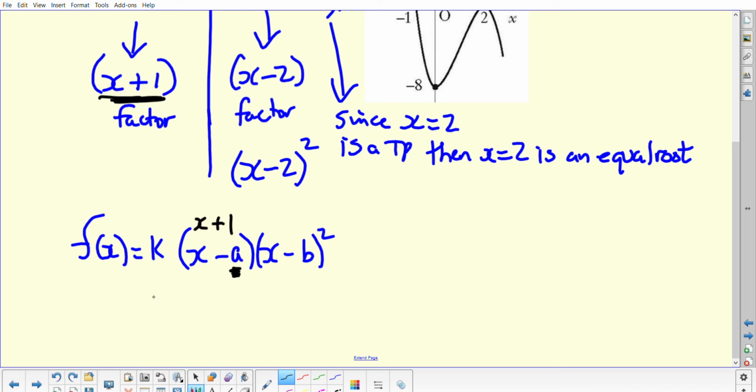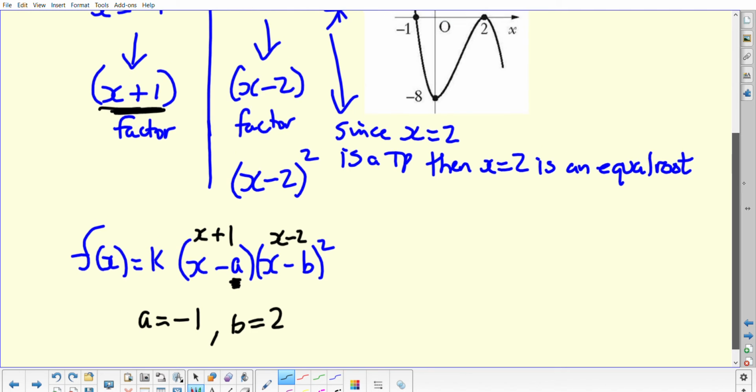So clearly the a will be equal to minus 1, not just 1. Now this matches the x minus 2 squared, so that tells you that the b value will be in fact equal to just 2, not minus 2, because the minus sign's already there.